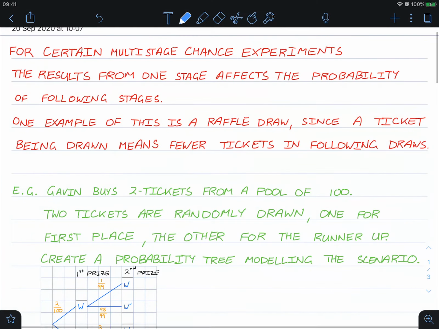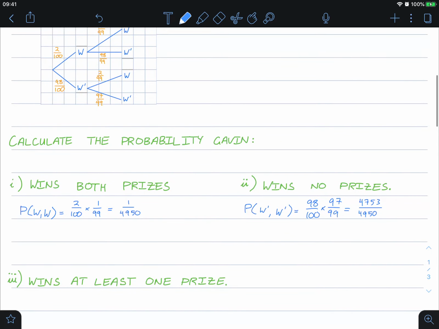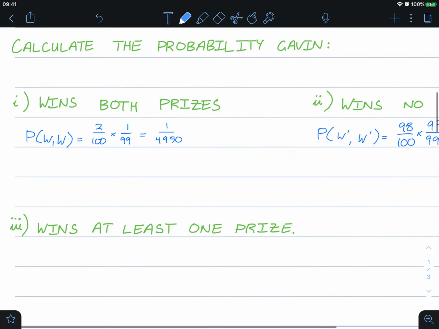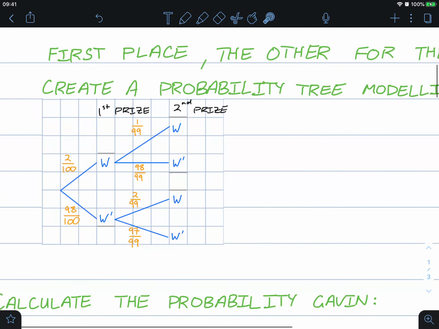What's the probability that he wins at least one prize? Well, winning at least one prize, he could win both. He could win the first and lose the second. Or he could lose the first and win the second.